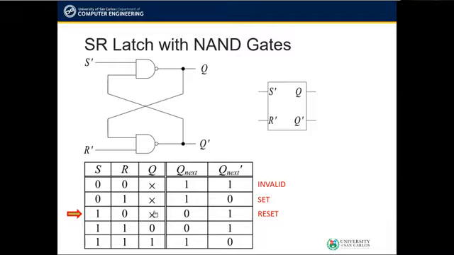If Q is 1, Qnext will become 0. This behavior of the SR latch is called reset, since the present value of Q is always reset to 0 on its next value. Again, Qnext prime is simply the complement of Qnext.